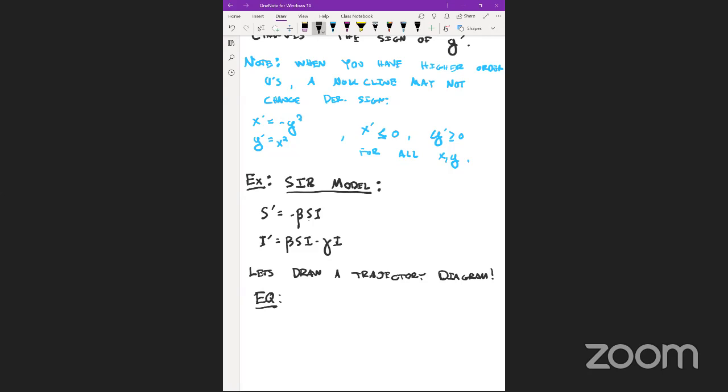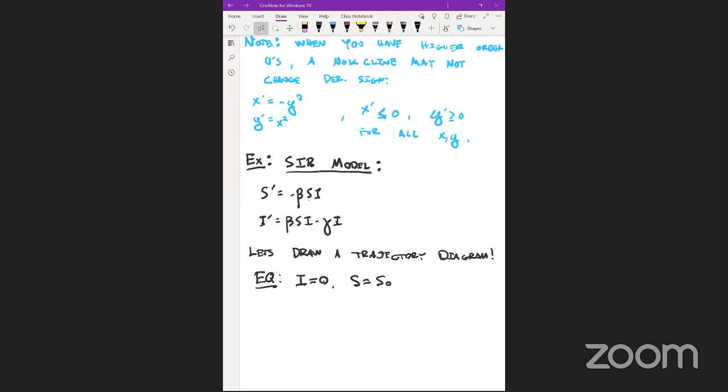The equilibrium solutions are going to be I equals 0 and S equals S naught. I think that's actually it in this case. Okay, that's the equilibrium solution.